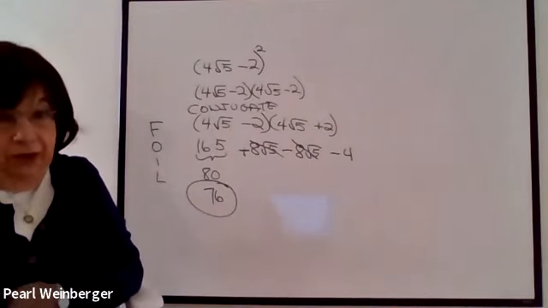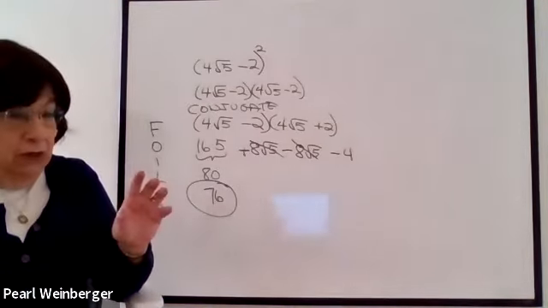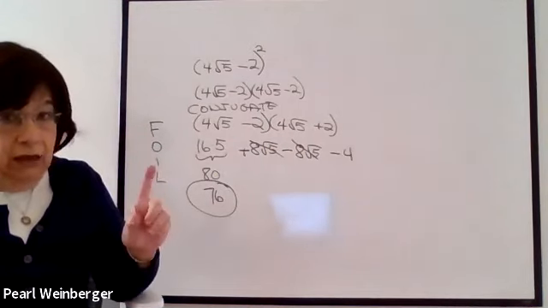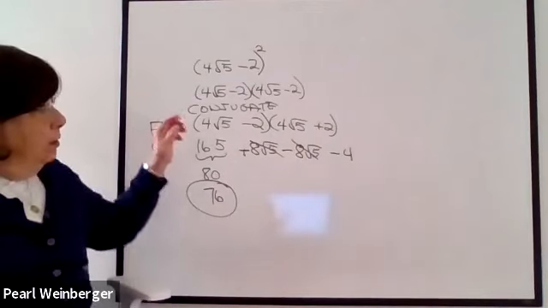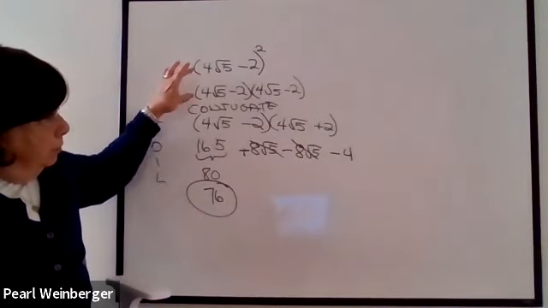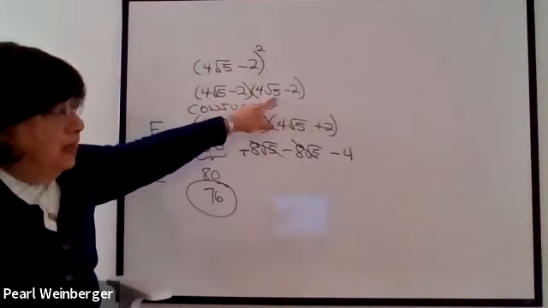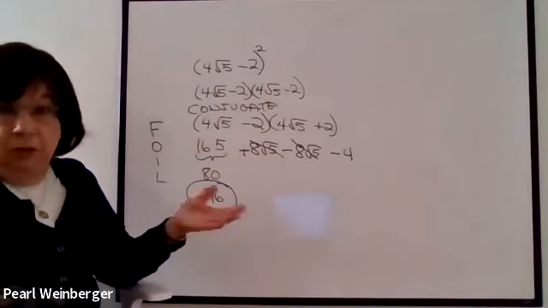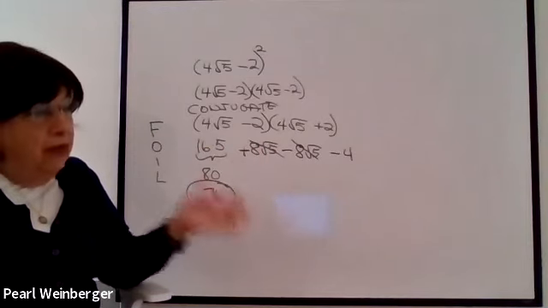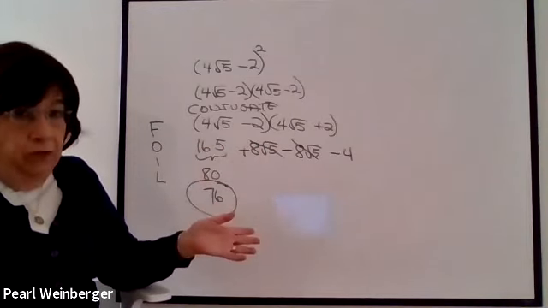And this is something that's going to be very important for us to realize. Anytime you're multiplying a binomial with radicals by its conjugate, you don't really have to do the whole FOIL.